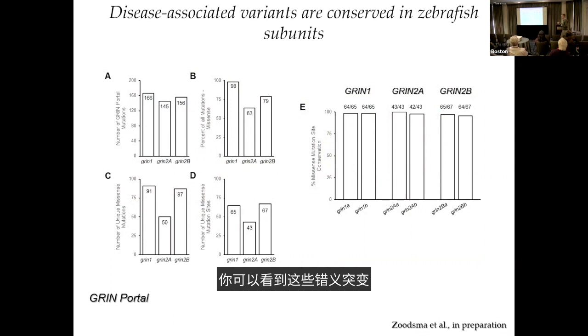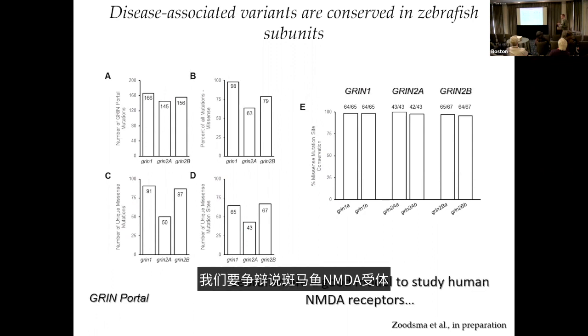You can see these missense mutations are extremely highly conserved in the zebrafish paralogs. In fact, the only divergence occurs either in the signal peptide or the extreme amino terminal domain. So given this evidence, and I'm going to show you a little more, we're going to argue that zebrafish NMDA receptors are a good model to study human NMDA receptors.